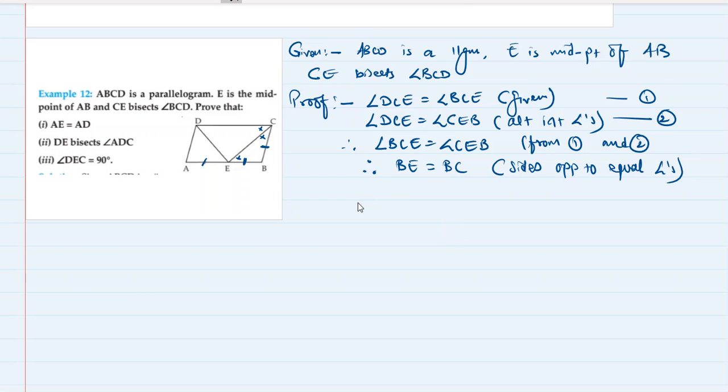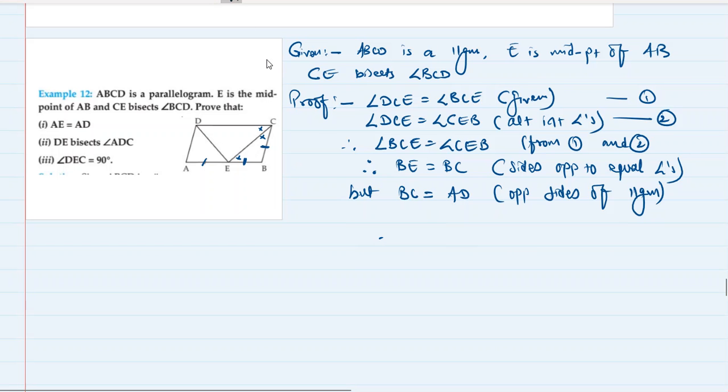Okay, but BC is equal to AD. Why? Because they are opposite sides of parallelogram. So we can say that AD is equal to AE.